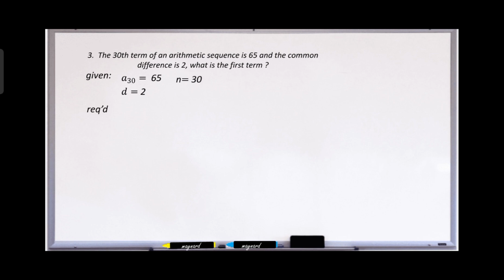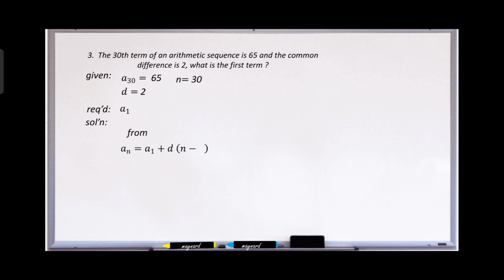Okay, so ang pinapahanap sa atin ngayon ay yung first term. Okay, so yung example number 1 pinahanap sa atin n term. Sa example number 2 naman, ang pinahanap sa atin yung n or yung term. Ngayon naman, yung first term.